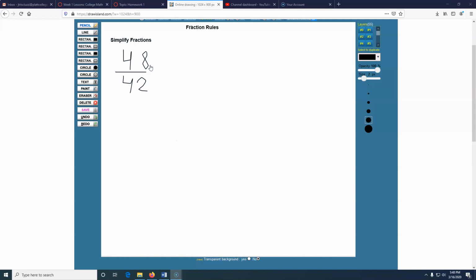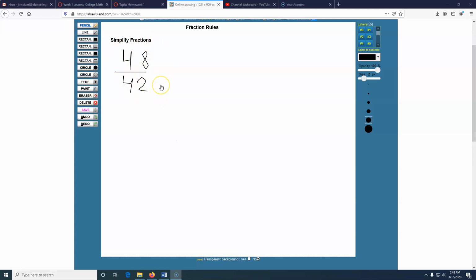Okay, so obviously 2, 4 works, 12 works, 6, 8, and that's about it, right? I mean, 48, of course, goes into itself as well, but what you want to do here is look at, okay, now that we have a list of numbers that we know go in the 48, do any of those go exactly in the 42?